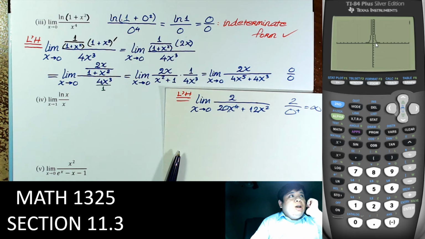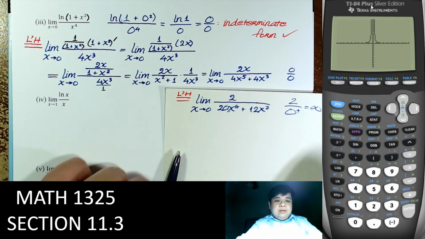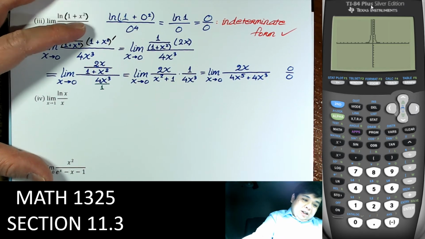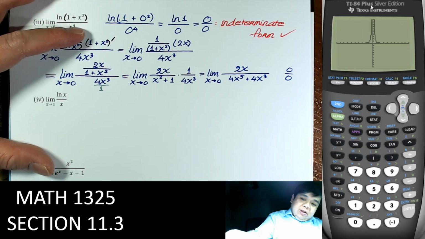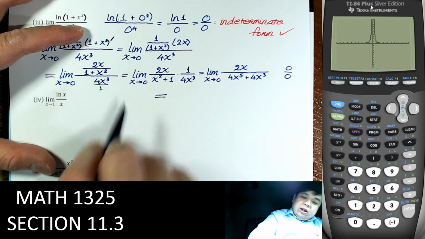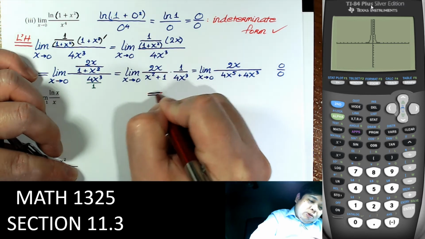Yeah, you see, when x goes to 0 from the left side and the right side, it is infinity. Right? So that's what we have. I'm sorry, I should write the answer in here as well. So keep using the L'Hôpital rule.